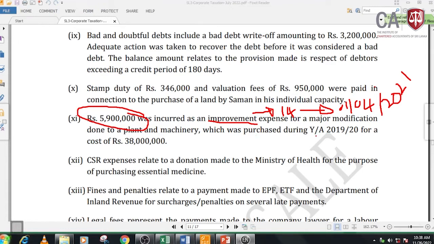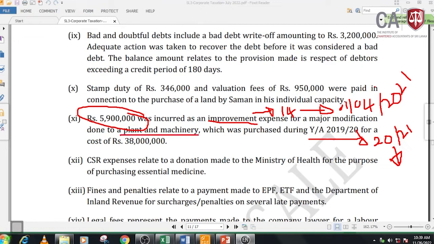It was purchased in 19-20. What you have to do is compute the previous year tax written down value. Previous year means 2021, we were in 21-22. Then we need to take the previous year's tax written down value, and afterwards on that, this being a building.